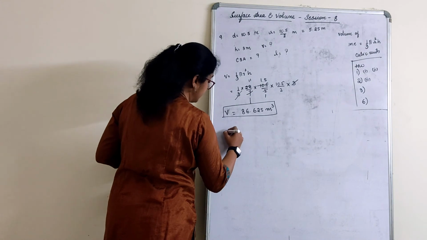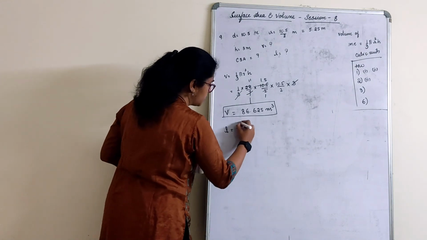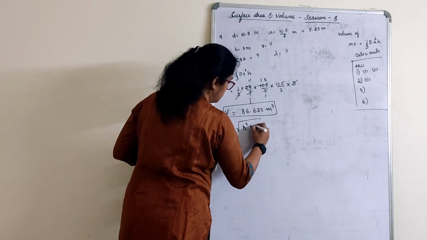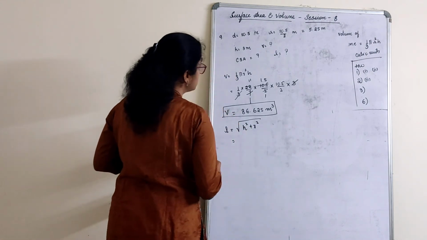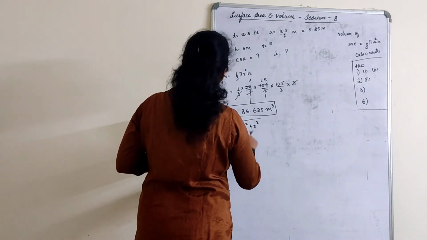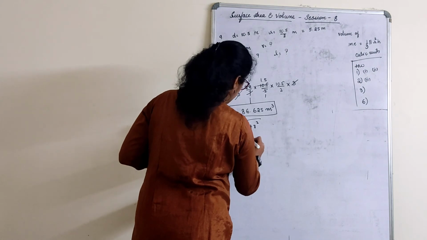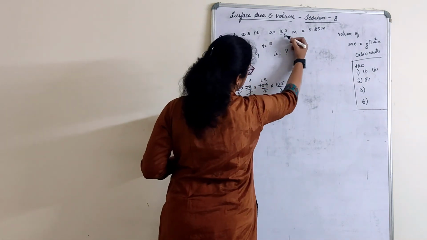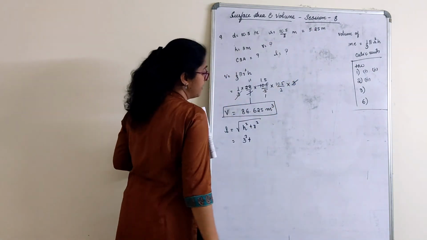Find CSA now. Let's find the slant height. So direct formula, L is equal to square root of h square plus r square. What is h? So h is 3 meter, 3 square. R, we can just consider this as divided by 2 in decimal I have just taken.